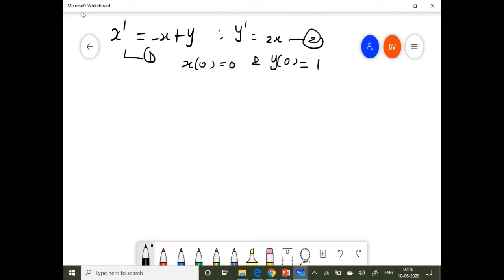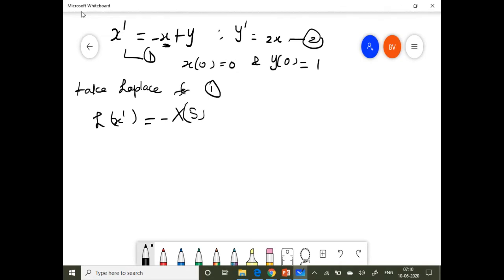Take Laplace on both sides for equation number 1. So what is the Laplace transform of the first derivative? The variable is x of t. x is a function of t, so it will be capital X of s when you take the Laplace transform.